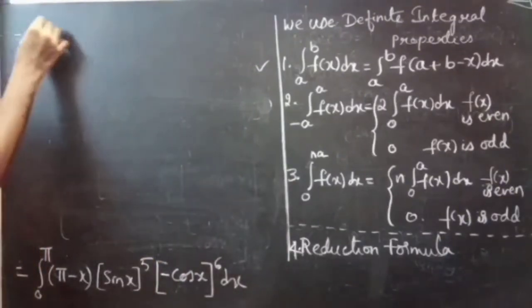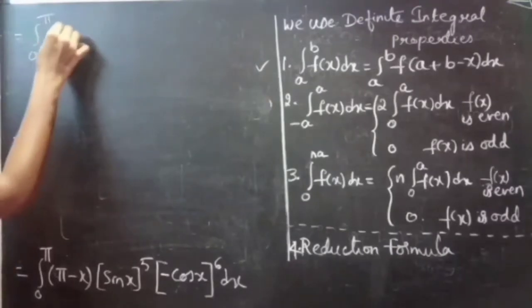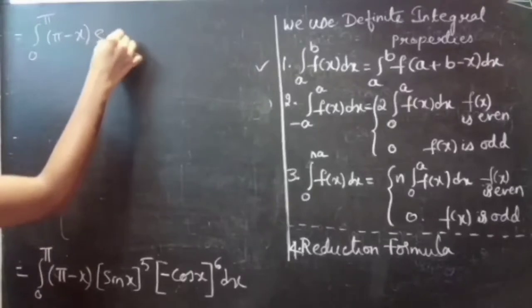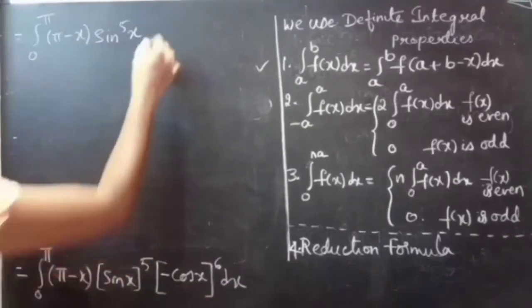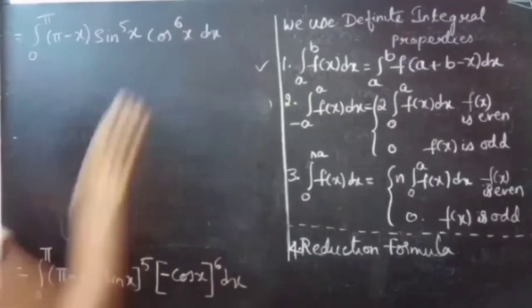So this equals integral from 0 to pi, pi minus x into sine power 5x. So minus power 6 is plus, into cos power 6x into dx.